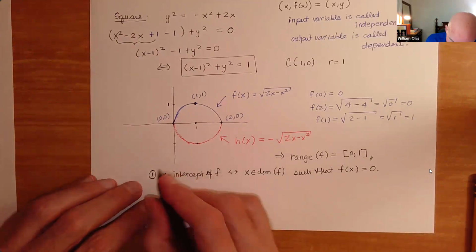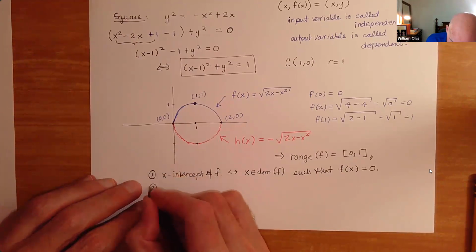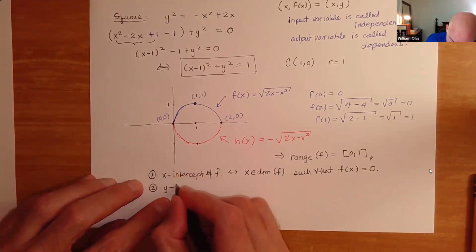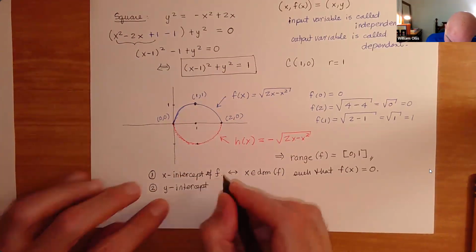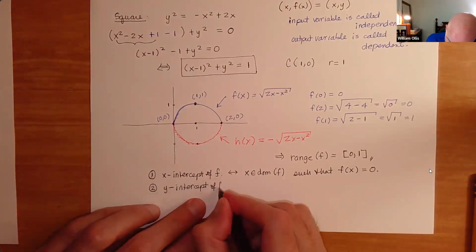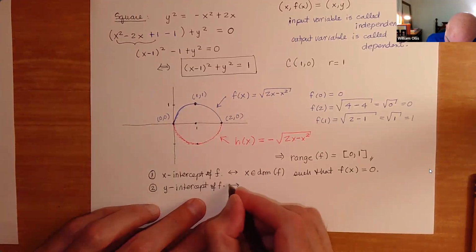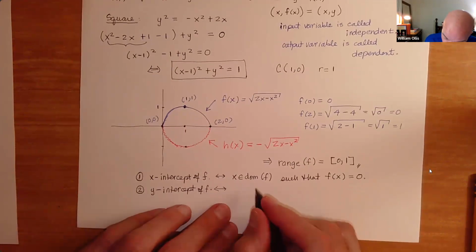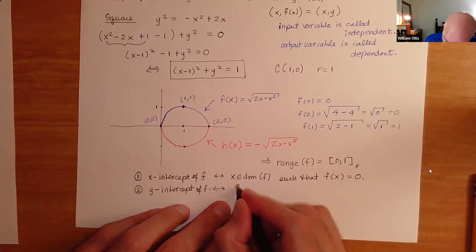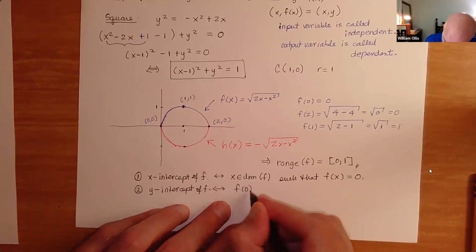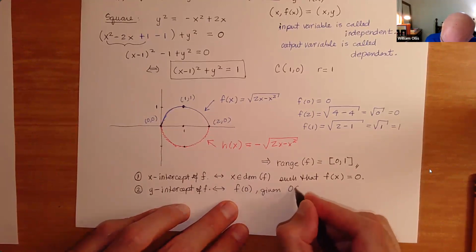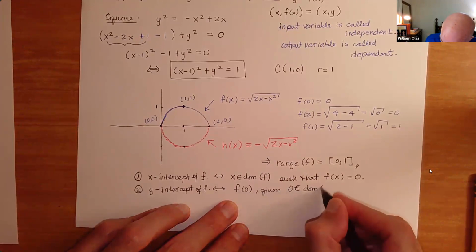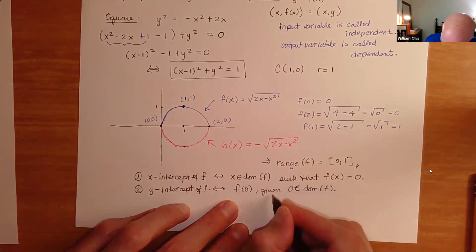Now, the y-intercept is even simpler. So the x-intercept is basically solving equations that we've been doing in our previous work. The y-intercept of f is basically f of 0, given 0 is in the domain of f. It's important.